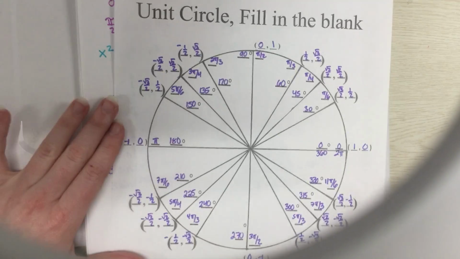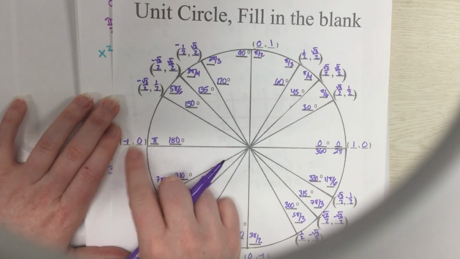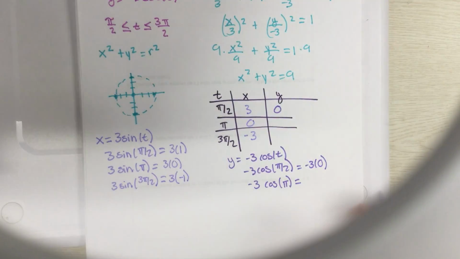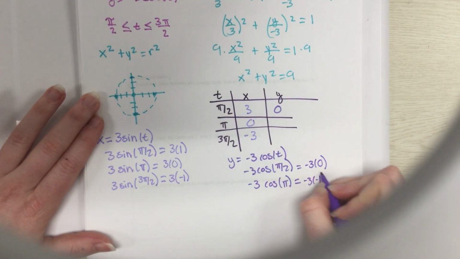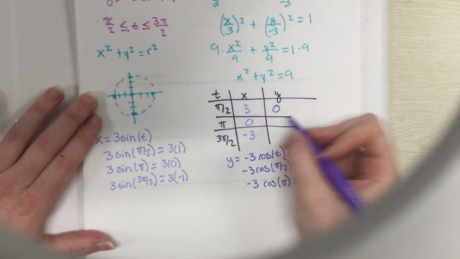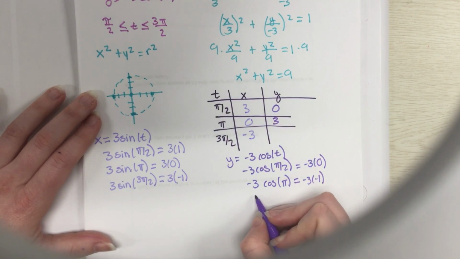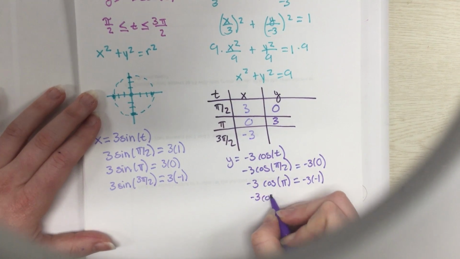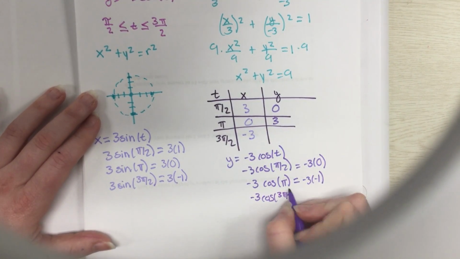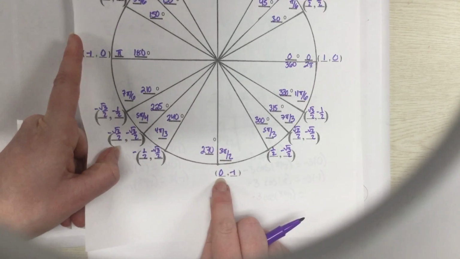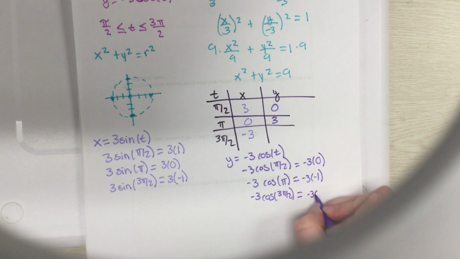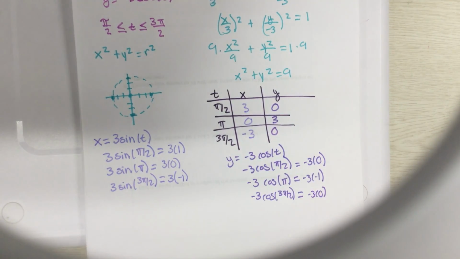Okay, and so at pi, cosine is x, so that's negative 1. Okay, and negative 3 times negative 1 is just positive 3. Okay, and then we finish off with negative 3 cosine at 3 pi over 2. Okay, and at 3 pi over 2, cosine is 0. So negative 3 times 0 is, again, 0.